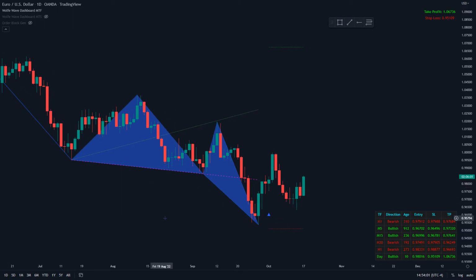So for instance, Wolfe Wave pattern, you can get an alert whenever these form. We have a bullish one form here, right? Well, very similar to the way I view harmonic patterns, when one has formed, so for instance, a bullish one, look for the most recent demand zone.